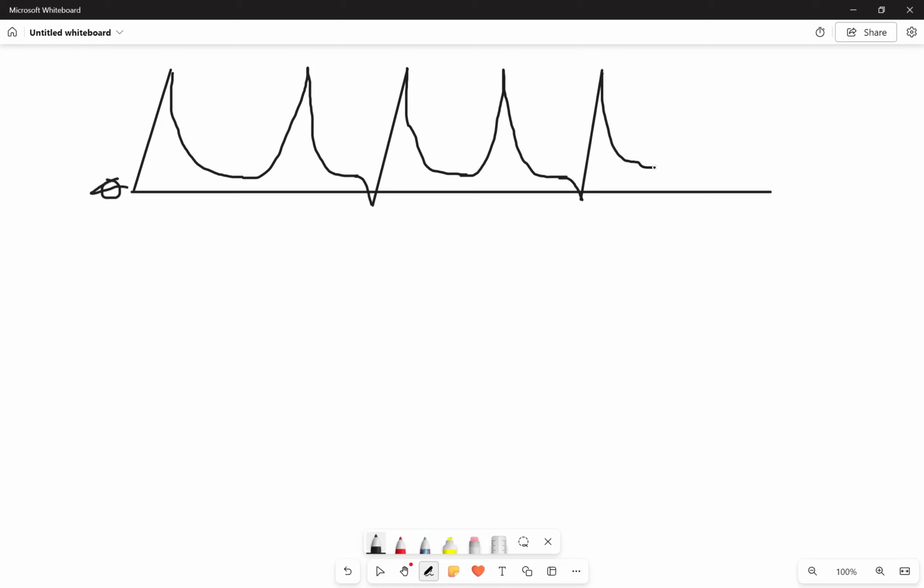Now, another problem with that is, let's say the vent gave him a breath, and then he decides halfway through the exhalation to trigger a breath like this. The vent will give him another one.